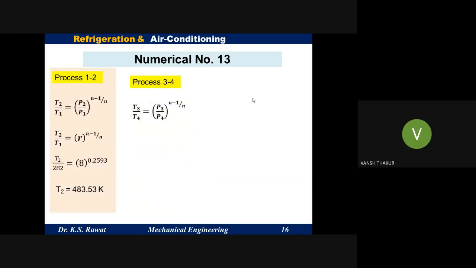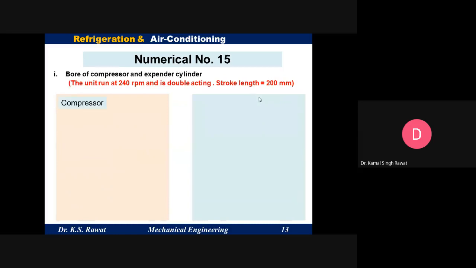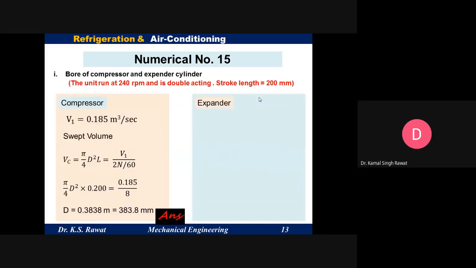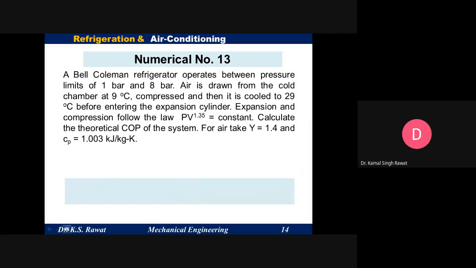So always remember, if in any question the expansion or compression process follows PV to the power n. It may be PV to the power 1.2, 1.3, 1.1, anything.